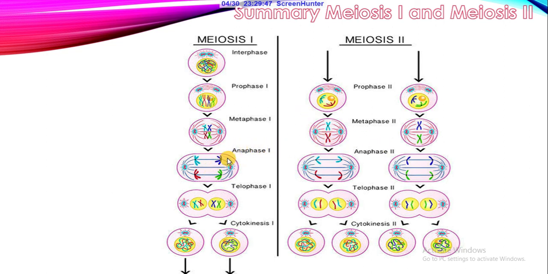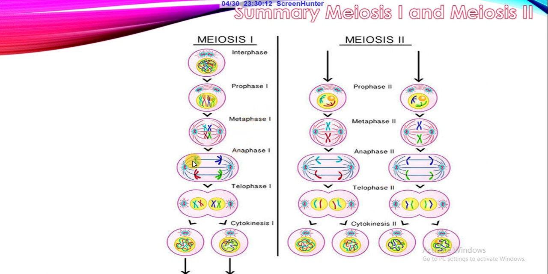For anaphase 1, the homologous chromosomes are the ones that are separated and moved towards the opposite poles. But for anaphase 2, the sister chromatids are separated, not the homologous chromosomes. Because, you can see, the spindle fibers are attached to both sister chromatids. That is why both sister chromatids are separated.